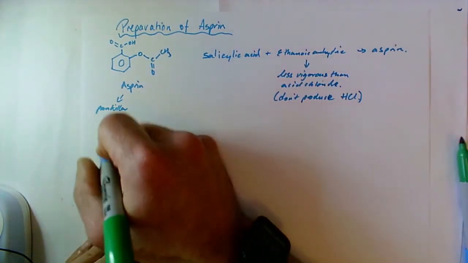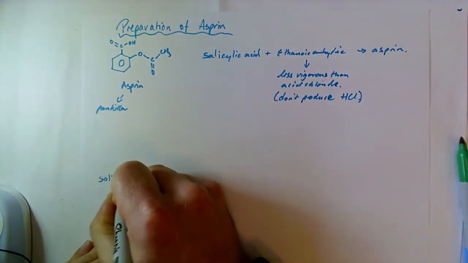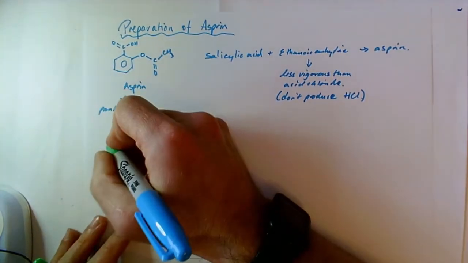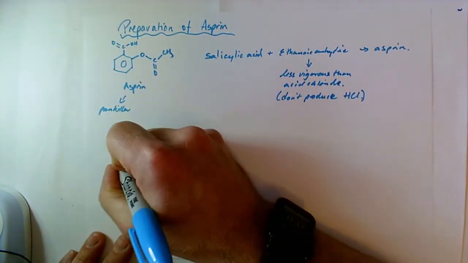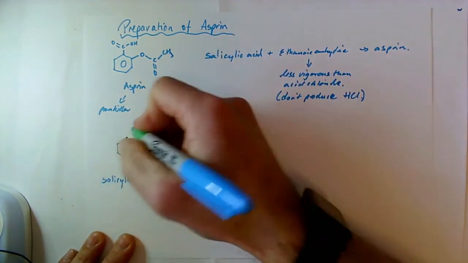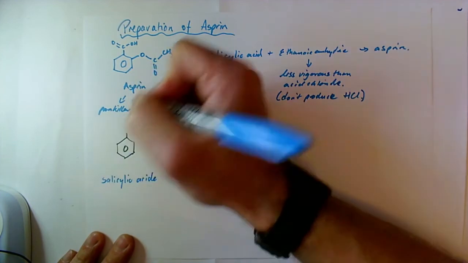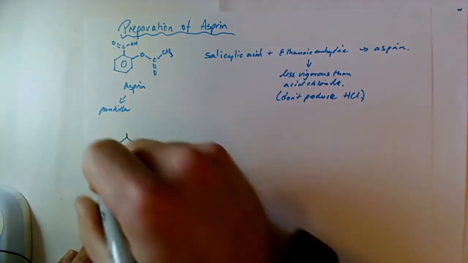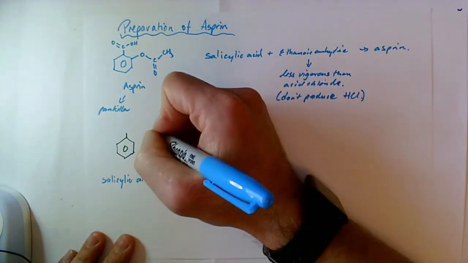So we have salicylic acid. Salicylic acid contains a benzene ring. Hopefully you're getting familiar with seeing these, even though you may or may not have covered it yet, depending at what point in your career you're watching this video.